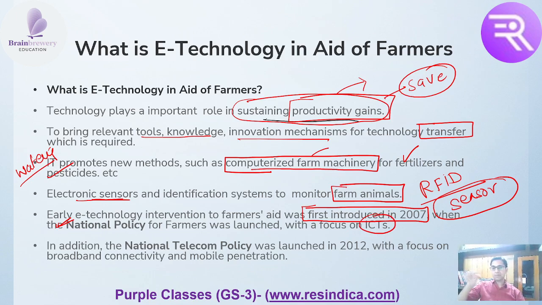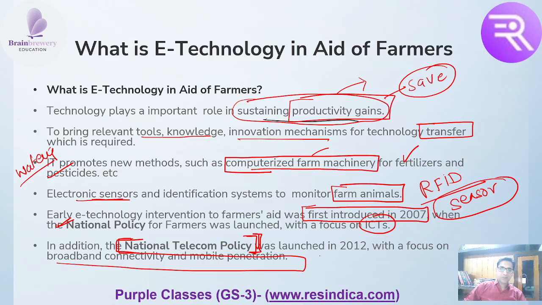Then the government came up with the national telecom policy, in which special focus was given to increasing broadband connectivity, because once you have broadband at your place, you get connected to the world. You can take advice, contact scientists, doctors and everybody from here. You just need internet connectivity, right?